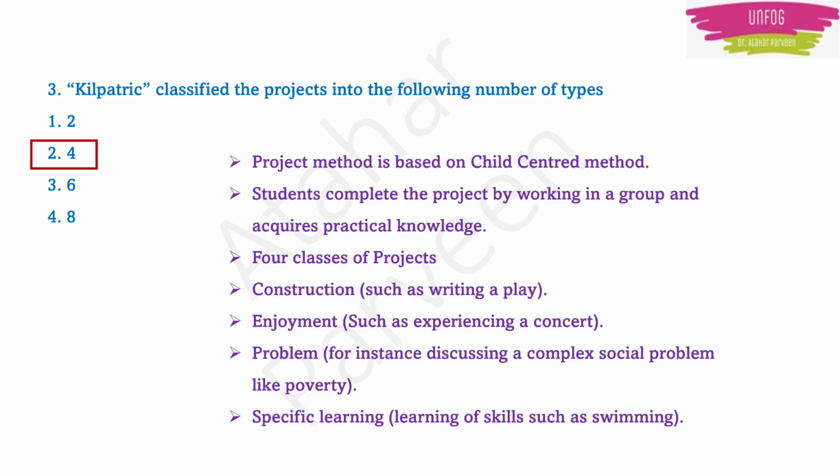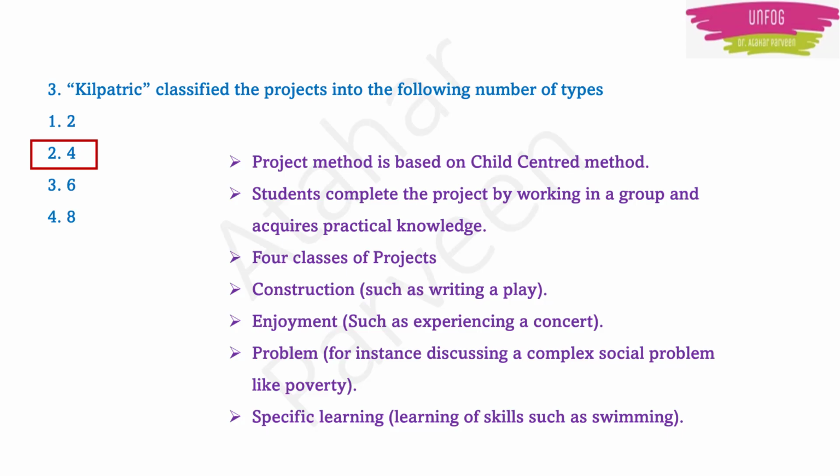Here learners are learning specific skills like swimming, running, and maybe some other activities like chess, skating or taekwondo. That type of specific skills which are being learned comes under specific learning. So the 4 classes of projects are construction, enjoyment, problem and specific learning as given by Kilpatrick.